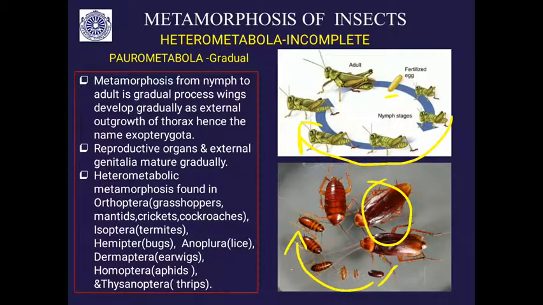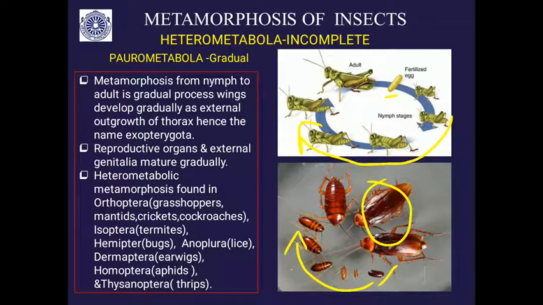Heterometabolic metamorphosis is found in Orthoptera, grasshopper, then praying mantids, crickets. You know the crickets, that is you can see mole crickets or the gryllus, cockroaches, all these Orthoptera. Then Isoptera, they are termites. Hemiptera, bugs, all types of bugs, bed bug or else water scorpions, all the stink bug, you know that.